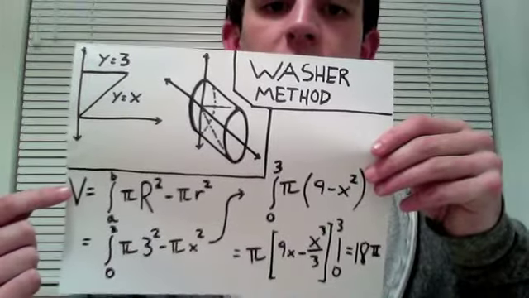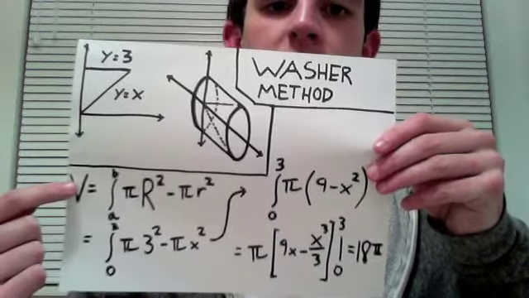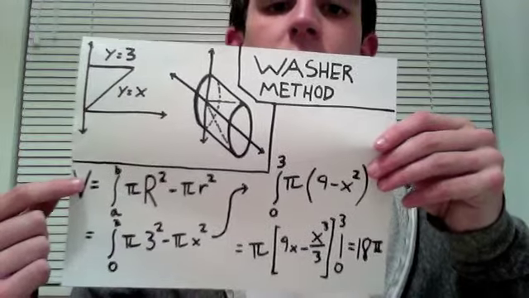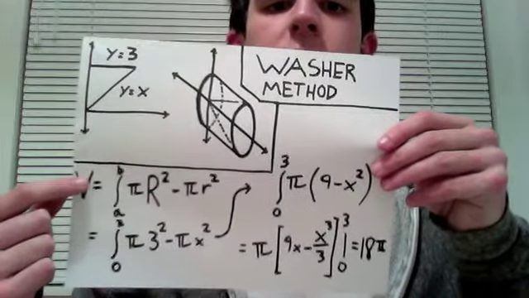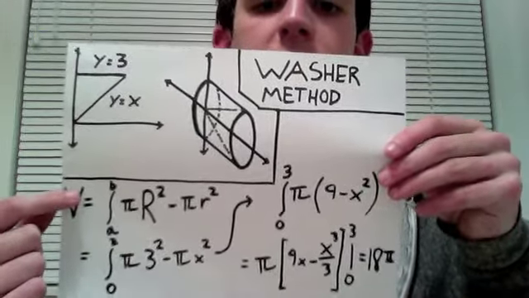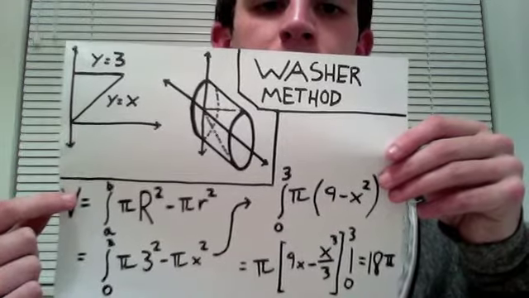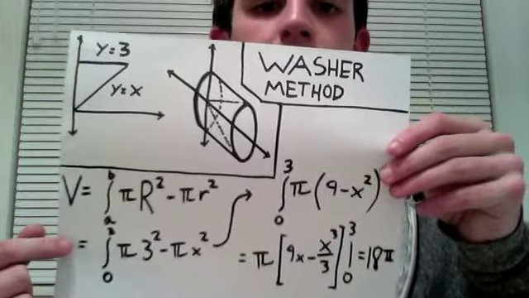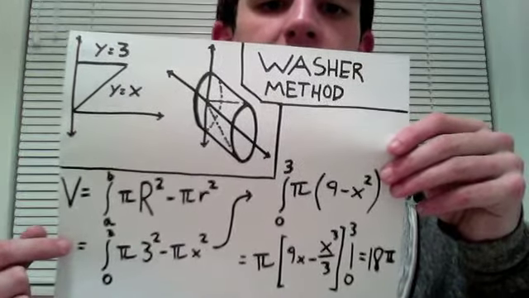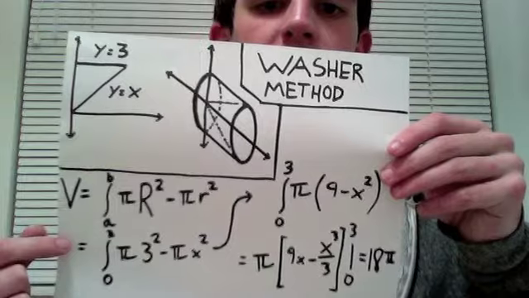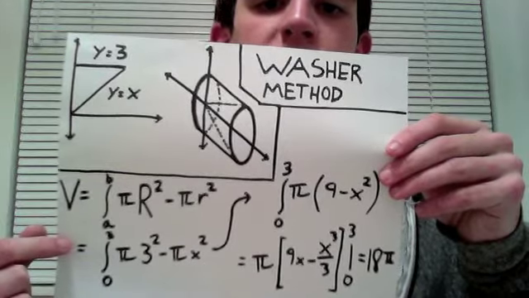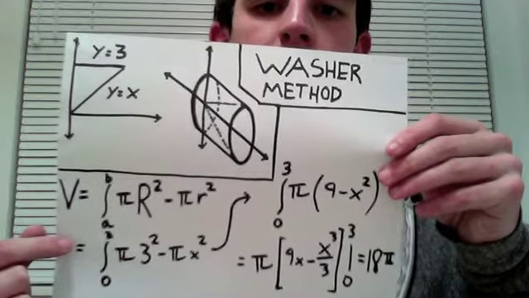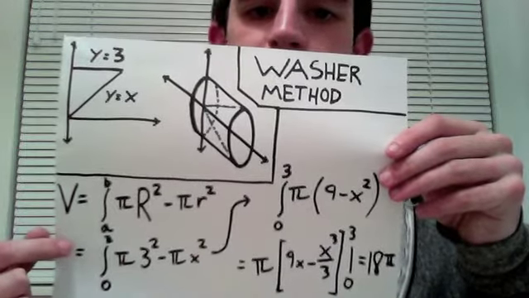Volume equals the integral from a to b of the top area minus the bottom area, so pi times the large radius squared minus pi times the small radius squared. And so evaluated for this, it's going to be from 0 to 3, pi times 3 squared, since that's the large radius, minus pi times x squared, since that's the smaller radius.